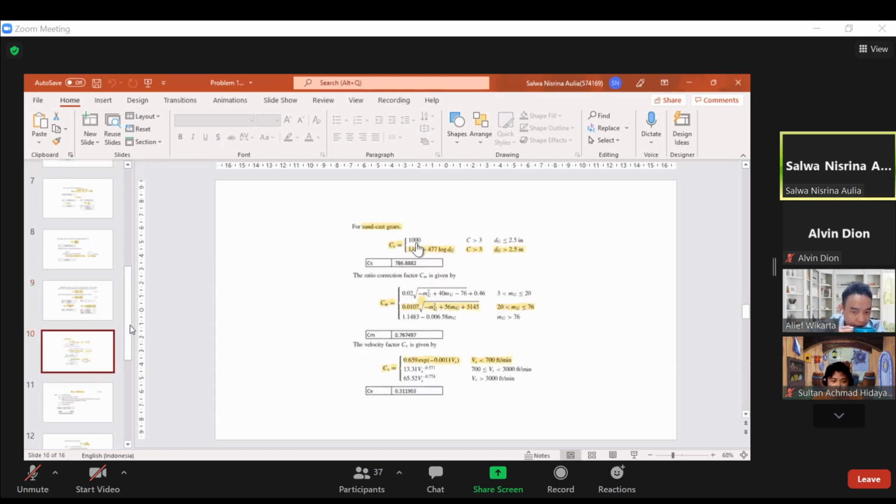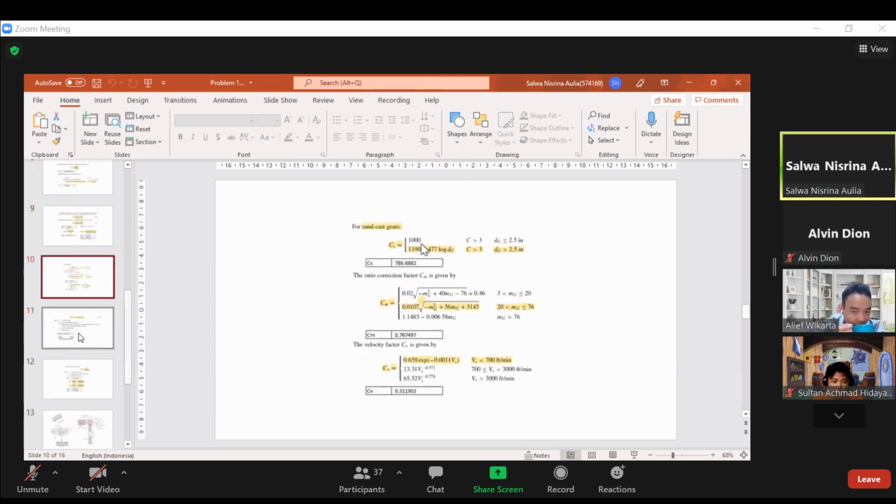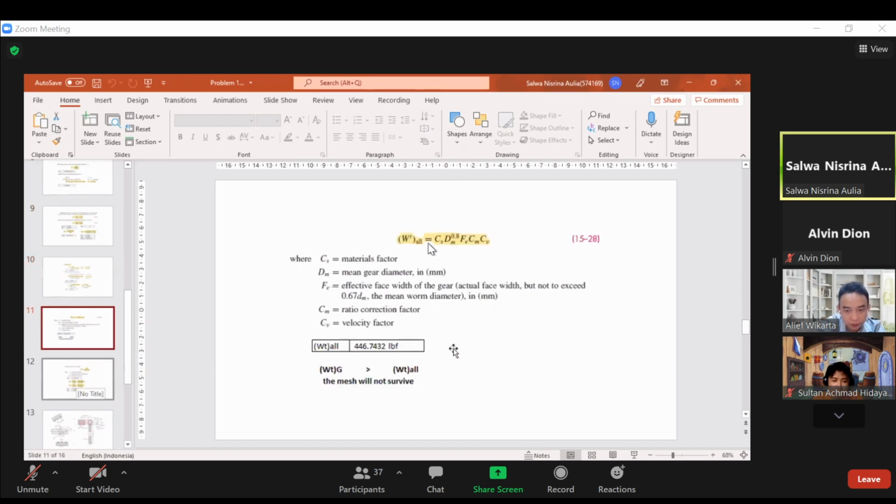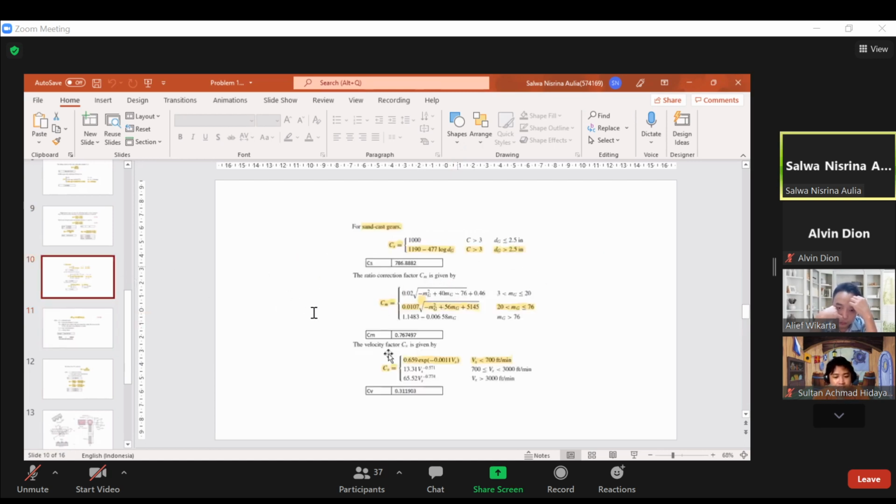So the next question is we need to calculate whether the mesh will survive or not. So we need to calculate with this equation. Before this, we need to determine the material factor, the ratio correction factor, and the last is the velocity factor. We can calculate from this.